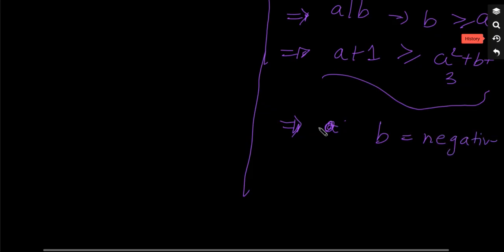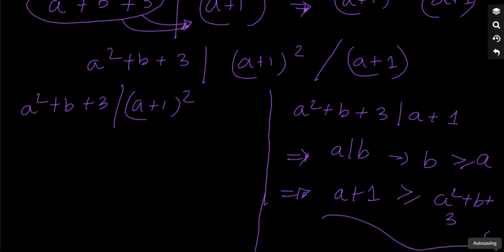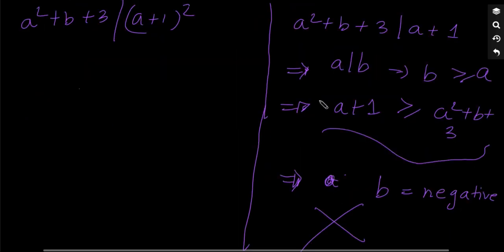If b is so negative that it actually decreases the whole thing, then this is possible, and in no other case. So b can be negative for this to be possible. But in the statement of the question, they say that b is not negative. So this is not true. This case doesn't work.